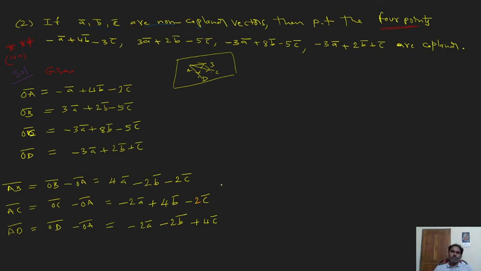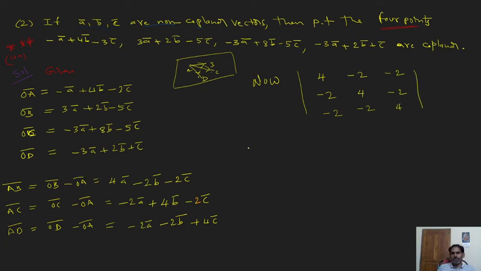So now I am finding the determinant of these vectors. Write all the A bar, B bar, C bar coefficients: 4, minus 2, minus 2; minus 2, 4, minus 2; minus 2, minus 2, plus 4.